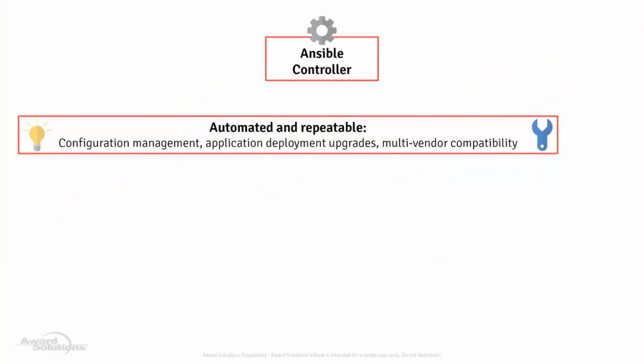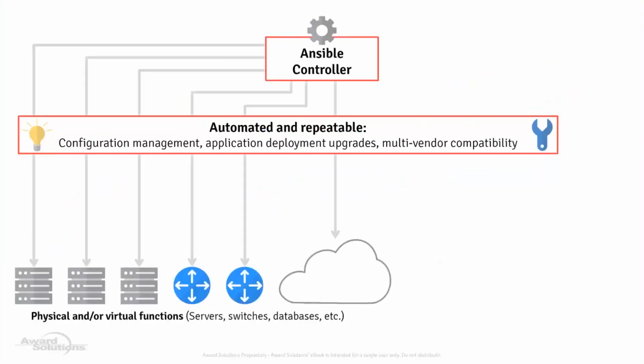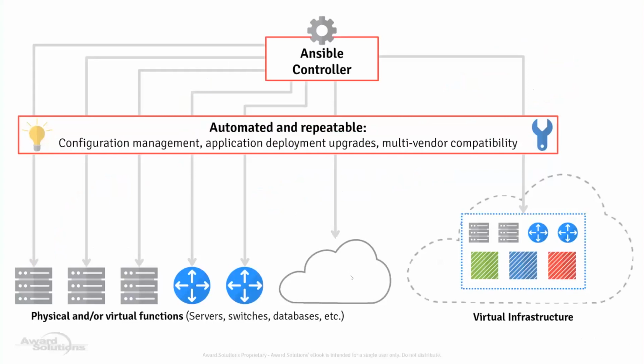And what the Ansible controller is going to do is it's going to interface with a large number of physical devices, or maybe it's going to interface with some virtual devices. So what I want you to think about is I want you to think about the fact that you're needing to manage a network. And for the sake of this discussion, let's say that that network is composed of 1,000 servers and 500 routers.